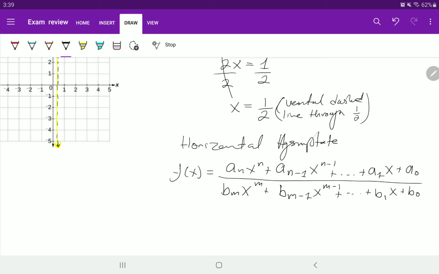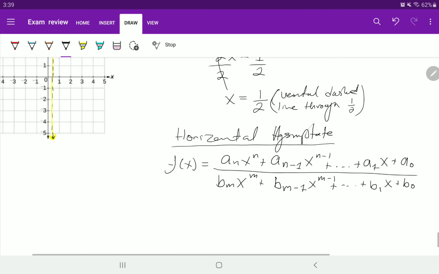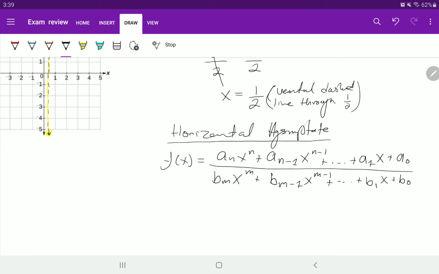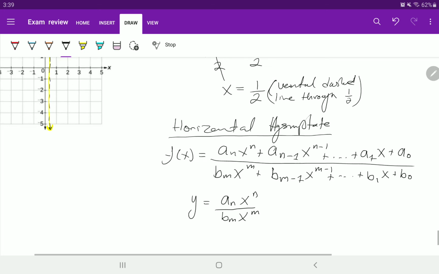When finding the horizontal asymptote, you take the leading term of your numerator and the leading term of your denominator. The leading term of my numerator is a sub n, x to the n power. So y will equal a sub n x to the n, divided by b sub m times x raised to the m power.